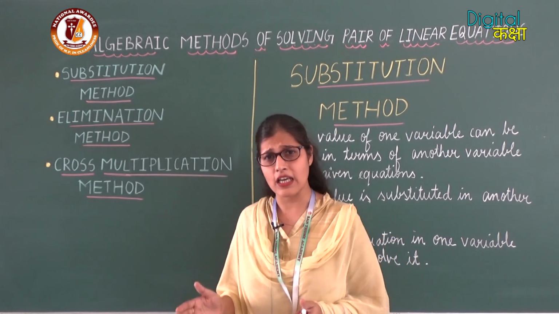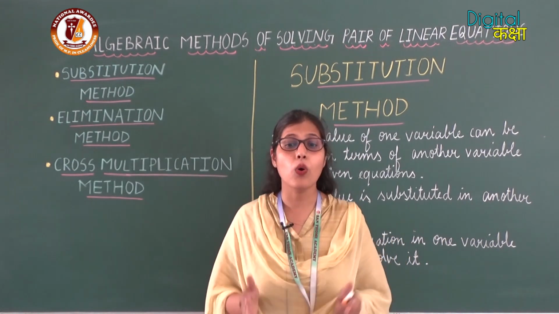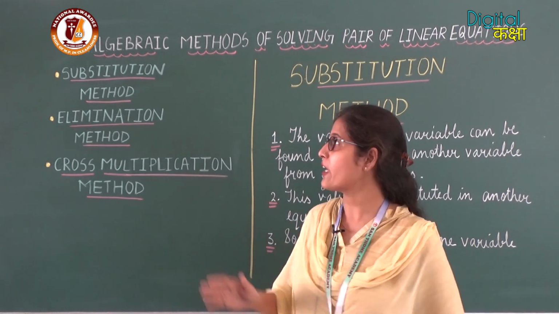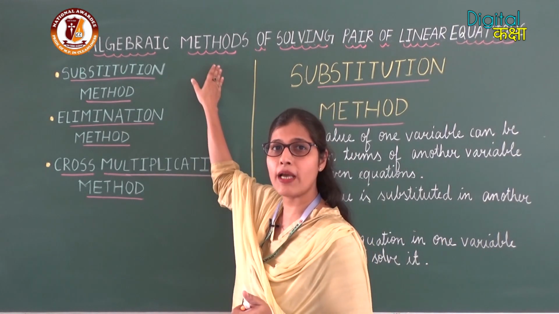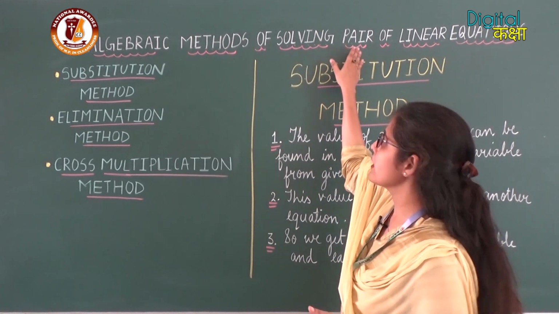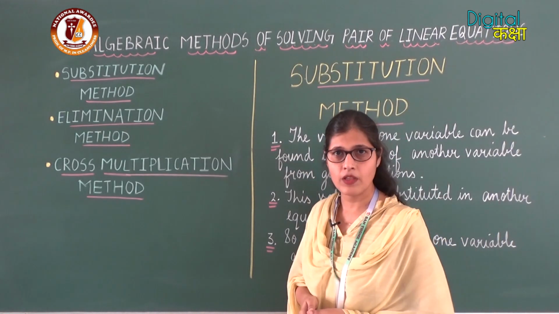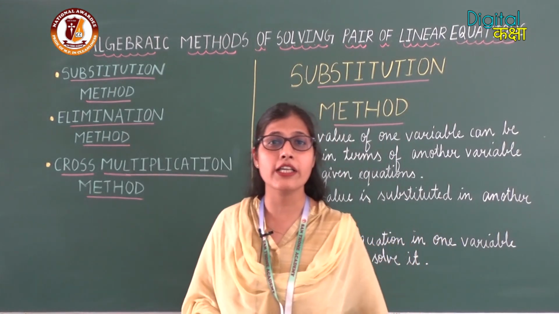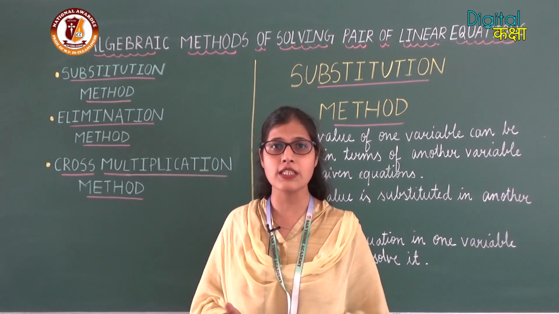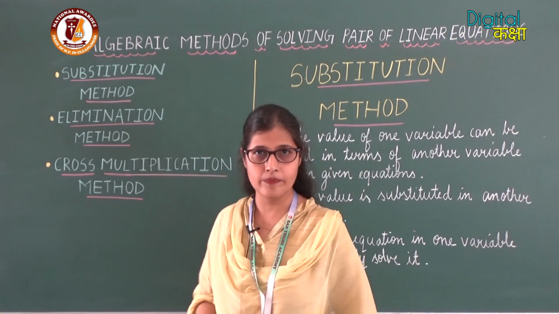So to get the correct answer and to overcome this problem, we have to use the algebraic method of solving the linear equations. So today we will be learning the first method, which is substitution method.